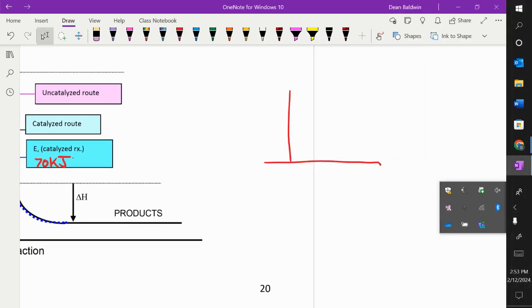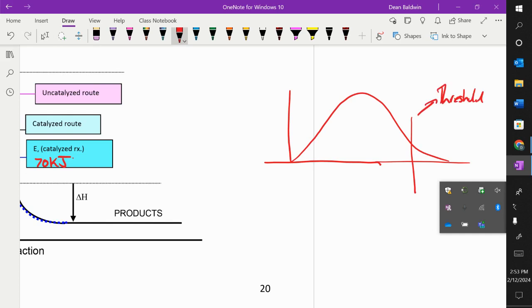You're close. So remember this graph? Remember this? This was threshold energy, right? And we had this many molecules pass the threshold energy, all right? When you change the mechanism, the threshold energy will change, right? So the threshold energy is going to move, I don't know where, just say here. So this is the catalyzed version.